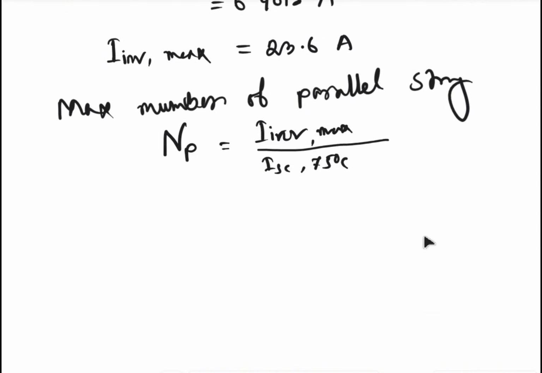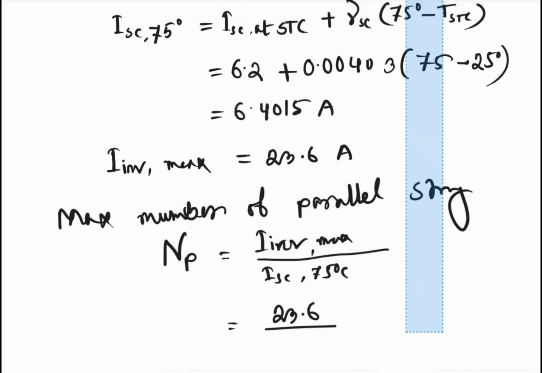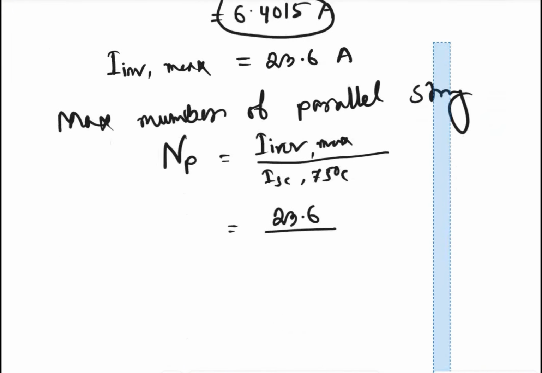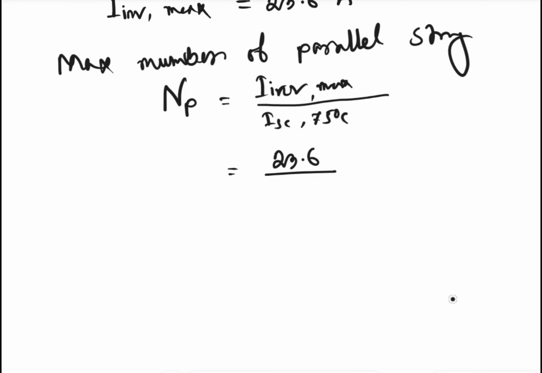So the value for the inverter maximum current is 23.6, and the short circuit current at 75 degrees Celsius is 6.4015. Let's plug in.